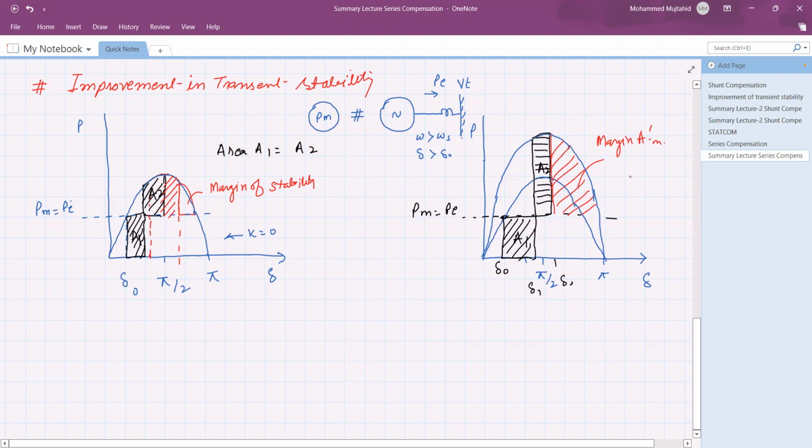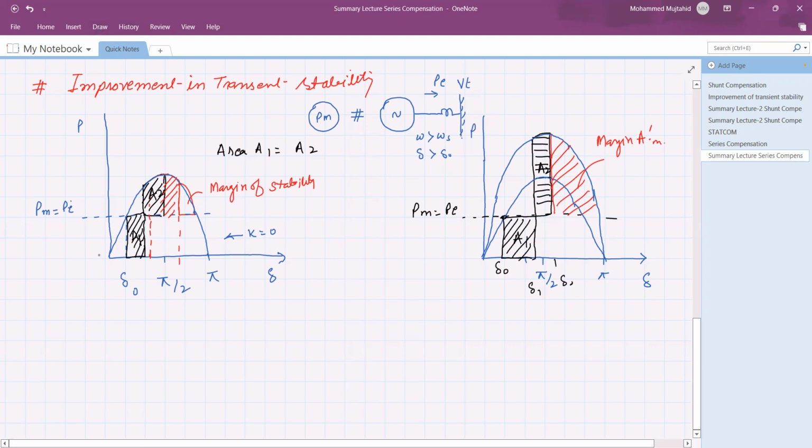So it is a way by which we can increase the stability region. So this is the second application, or advantage, of series compensation.